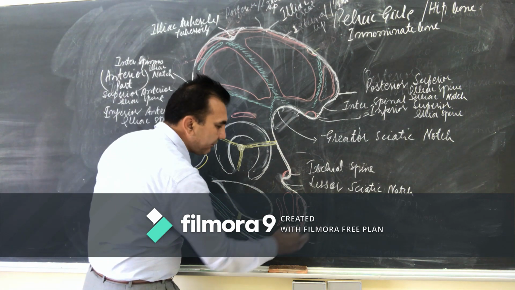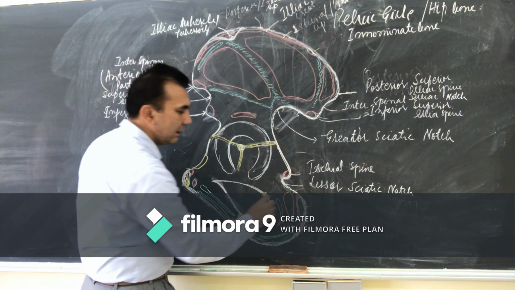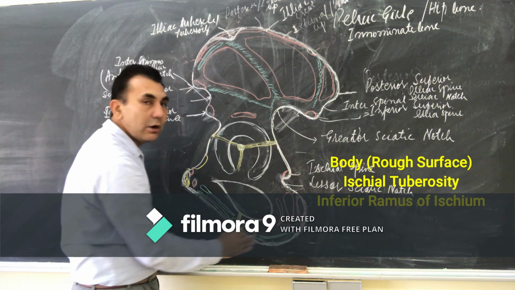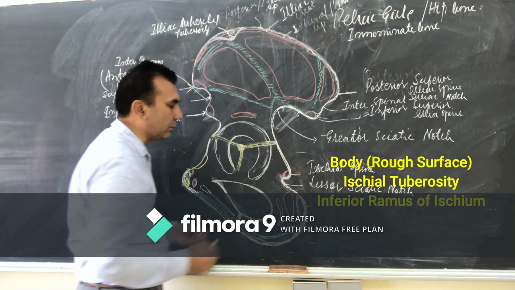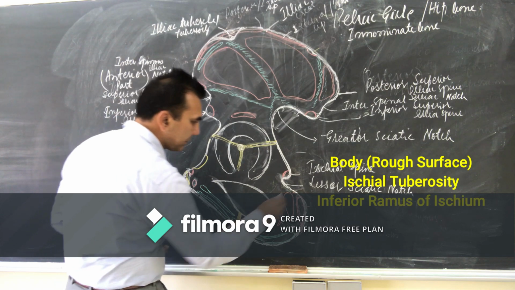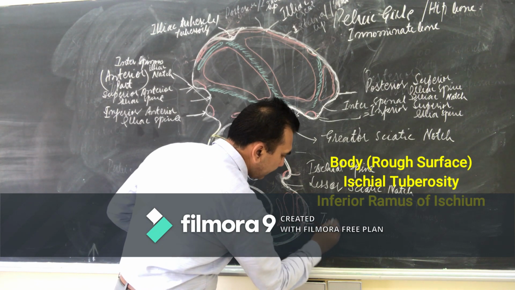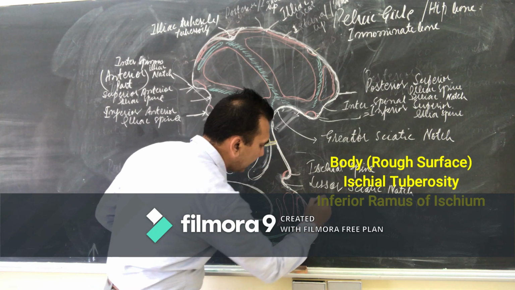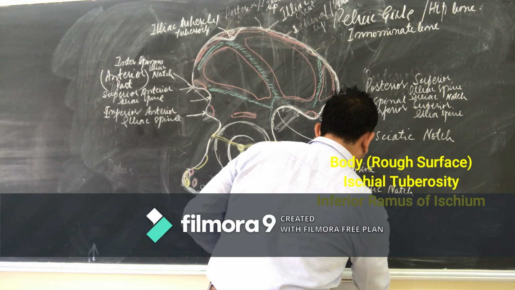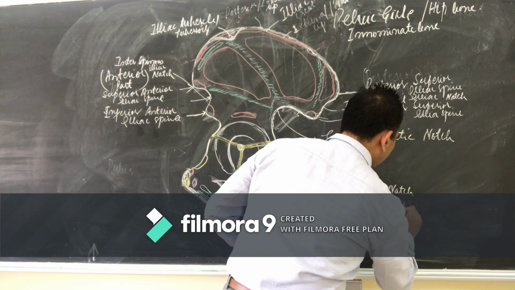This rough structure present on the posterior side of the ischium bone is called the tuberosity of the ischium bone.